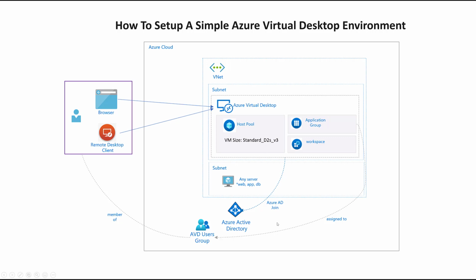And the key thing that I will show is that you have to assign this Azure AD group to an application group, which is really publishing the desktop experience or the desktop application. So I will proceed with a voiceover narration of the setup.